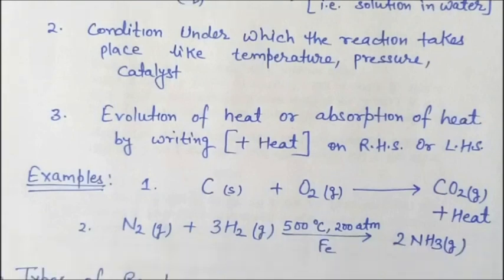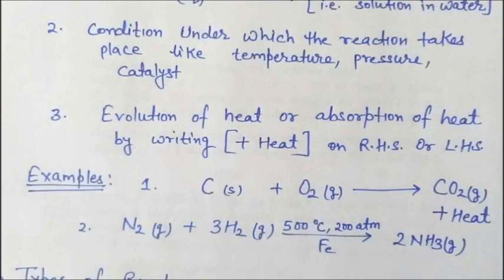See examples. Number 1, carbon. Carbon is in solid form, so small s is written with the carbon symbol. Oxygen is in gas form. C and O2, when they react together, form CO2, which is a gas, plus heat. Heat is evolved here, so plus heat is written on the right hand side of the chemical equation.